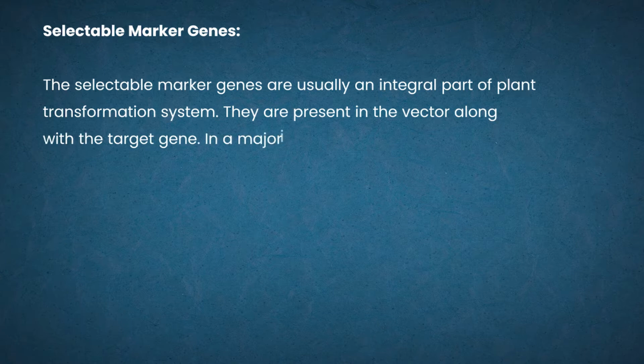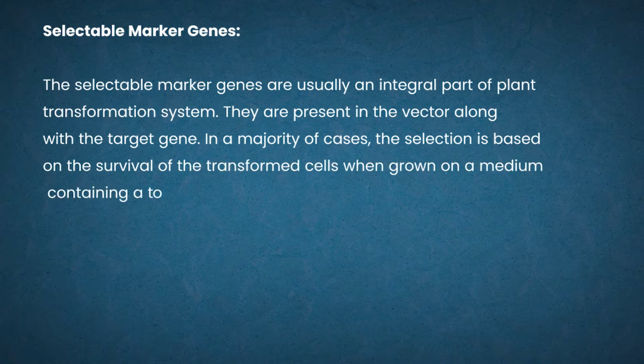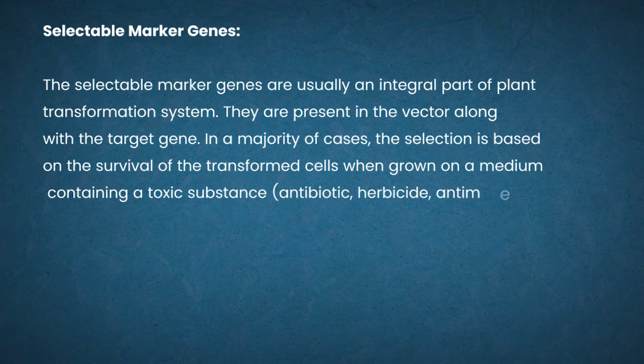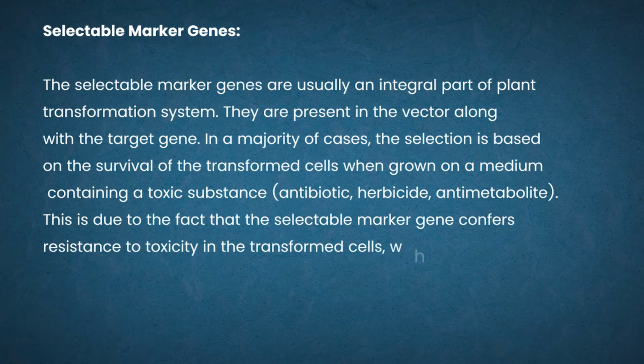In a majority of cases, the selection is based on the survival of the transformed cell when grown in a medium containing a toxic substance, for example an antibiotic, herbicide or antimetabolite. This is because the selectable marker gene confers resistance to the toxicity in the transformed cells, while the non-transformed cells get killed.